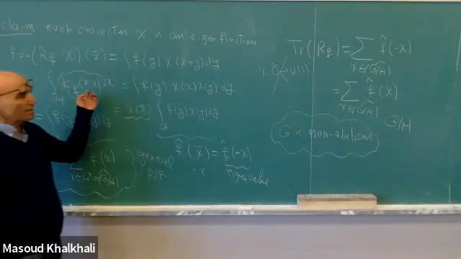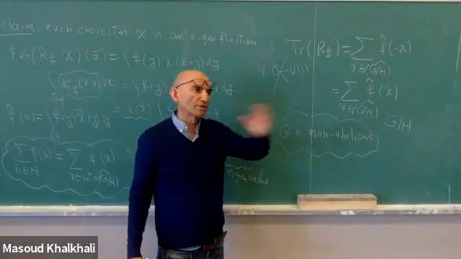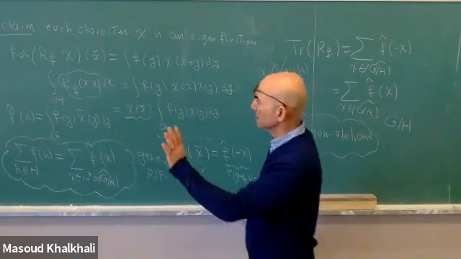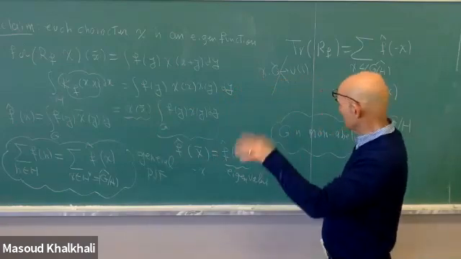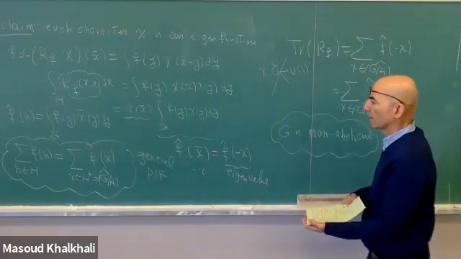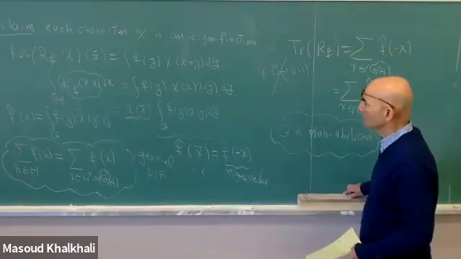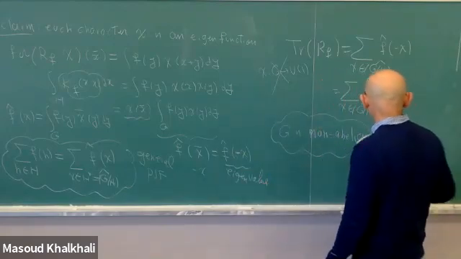But this cancellation does not happen in the non-abelian case, because we cannot transfer group elements across each other. So the analysis is much more subtle. You have to work with these orbital integrals, and there are some complications on the way, but that's okay. We'll do that. So that's one comment I want to make before.